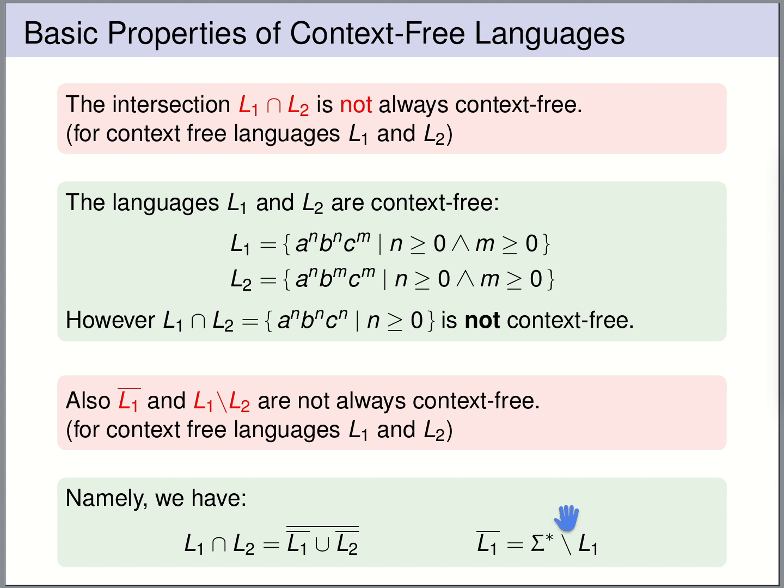If the difference would preserve context-freeness, then the complement would always be context-free. But we've just argued that the complement is not always context-free, therefore the fault must lie with the difference. The difference can also not be always context-free. So the class of context-free languages is not closed under intersection, it is not closed under complement, and it is also not closed under difference.